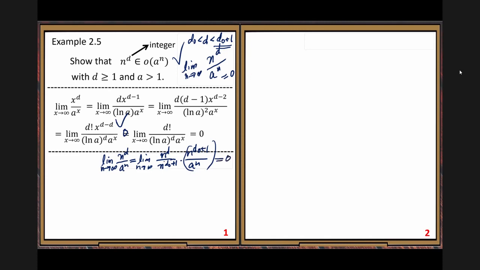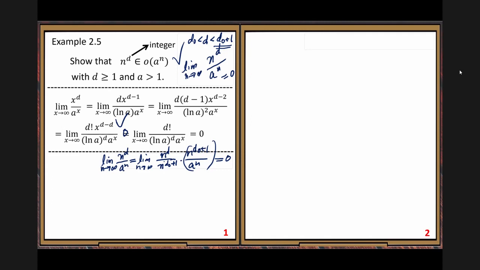Can you see this equals 0? Because the limit of each fraction is 0. The limit of the first fraction is 0 because you can cancel out: the exponent in the numerator, d, is less than the exponent in the denominator, d0 plus 1.